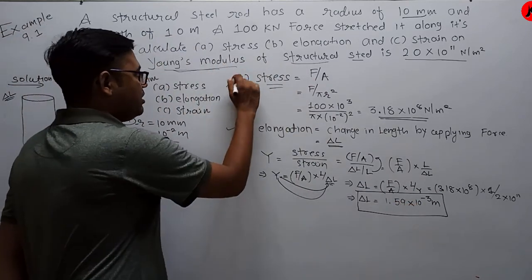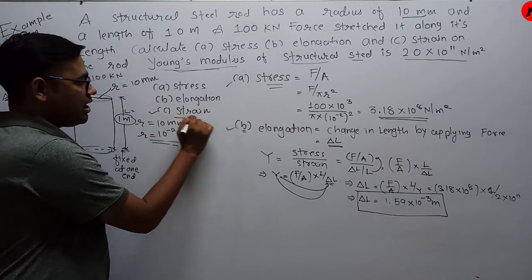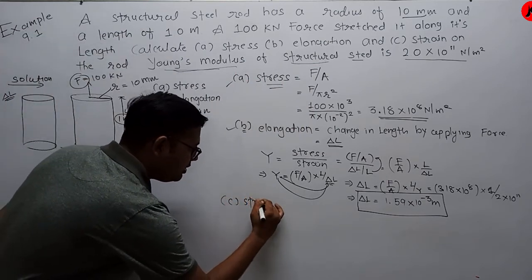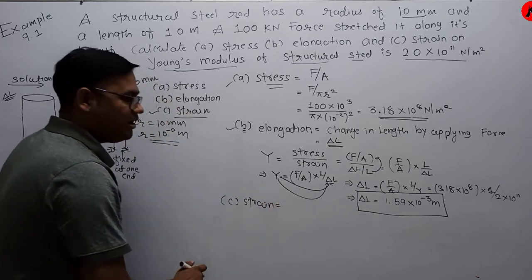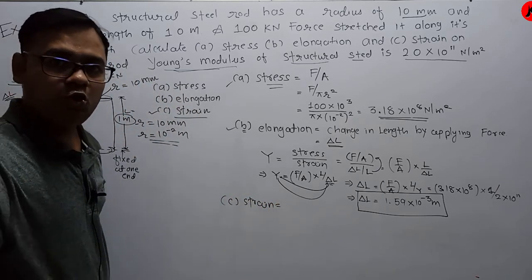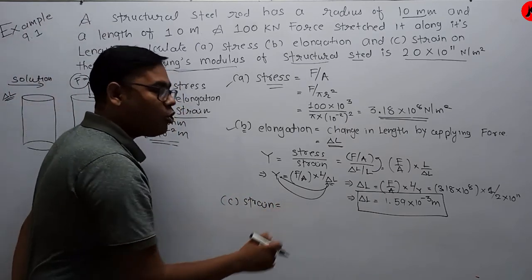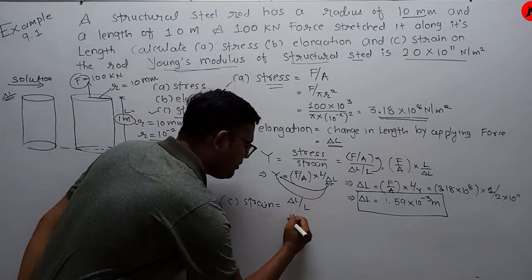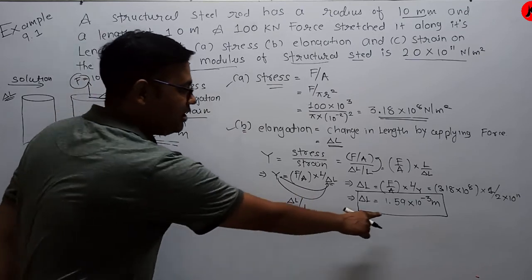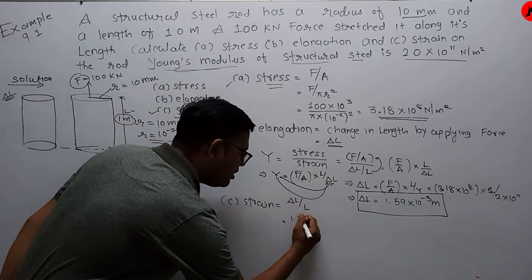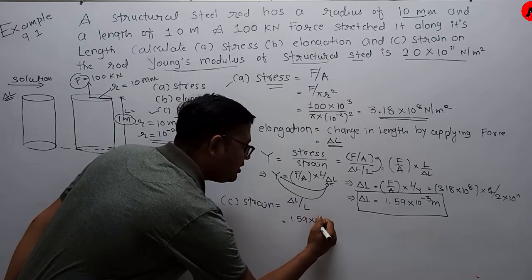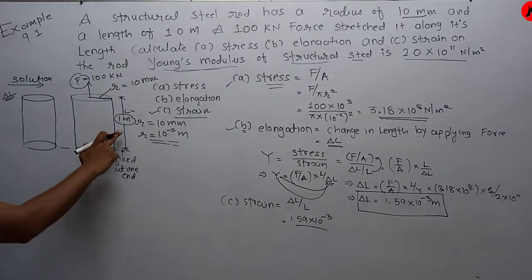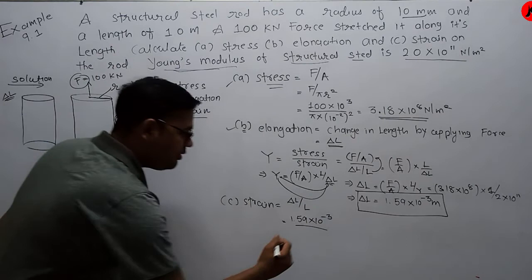We have calculated A and B. Now C is to calculate strain. Strain is nothing but the change in length to the original length, so the equation of strain is delta L by L, and the value of delta L is 1.59 into 10 raised to minus 3 divided by the length of the steel rod, which is given as 1 meter.